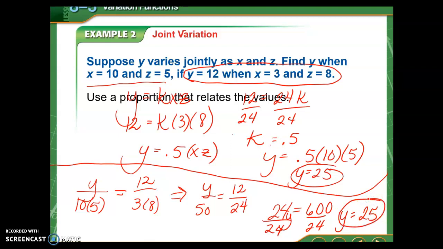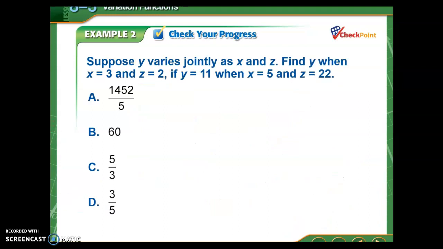So either method, I think it makes sense to do it this way, but again, you can find your constant, write your equation, and then just plug in what they give you. So try this one, you should get 3/5.